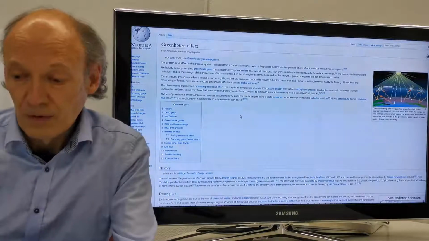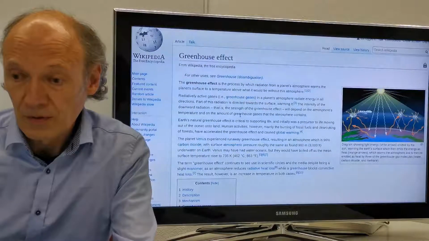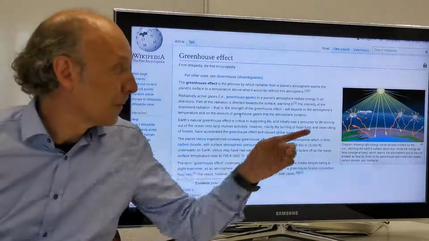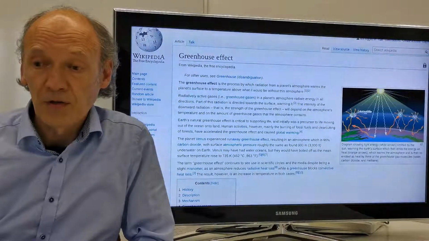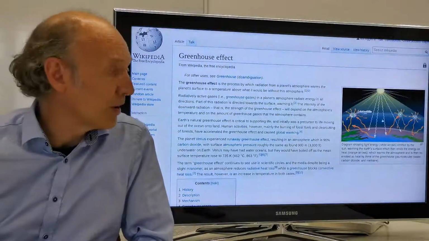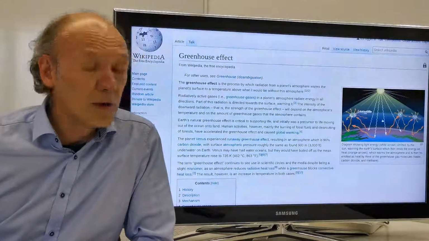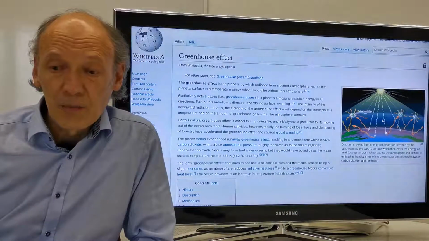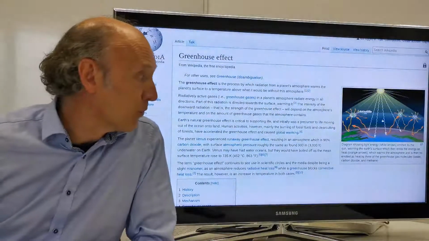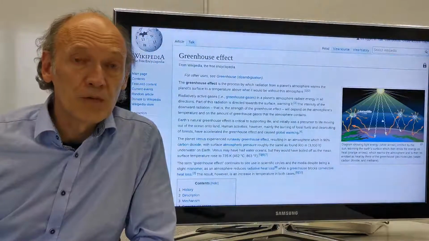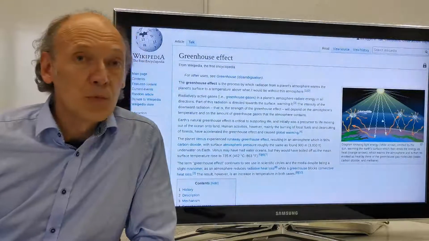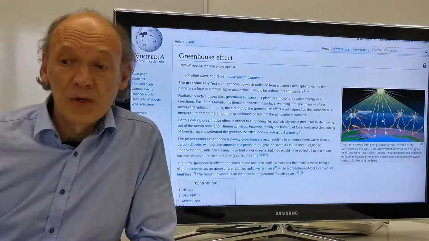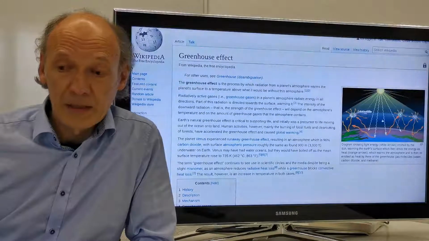And we see this nice picture here, which shows the basic effect of the greenhouse effect. Basically, we have the sun shining on the Earth. The atmosphere passes the visible sunlight, heats up Earth, and Earth becomes warm, and this warmth produces infrared radiation, basically electromagnetic waves at a different wavelength than the visible sunlight.